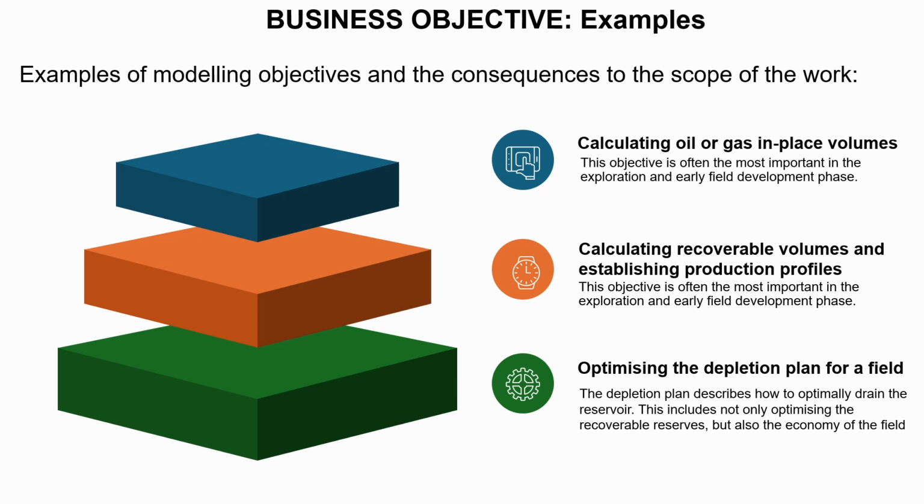If your goal is an optimized depletion plan, you must consider well placement, injection patterns, pressure support strategy, operational constraints, and economics. The teaching message is that different objectives create different modeling scopes, so you should never build a one-size-fits-all model without clearly defining which decisions it will support.